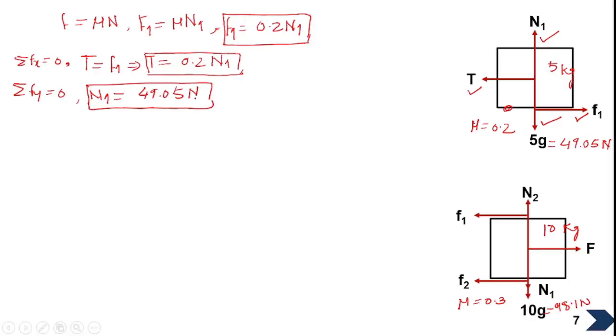Now we can put this value in this equation and the above equation. We'll get the value of T as 9.81. Let us verify it. We have 49.05 into 0.2, we'll get the value as 9.81 Newton.